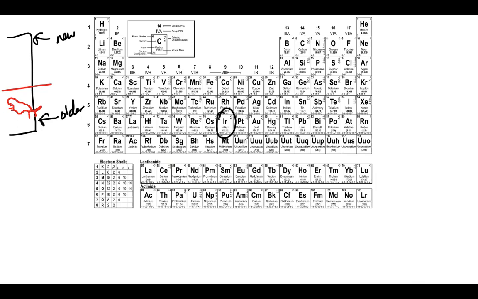And it turned out when they chemically analyzed the elements right around here, they found very high concentrations of iridium, which is not normally found on Earth, but is quite often found in things like meteors, meteorites, and comets. So that was a huge key piece of evidence to help support the meteor impact hypothesis.